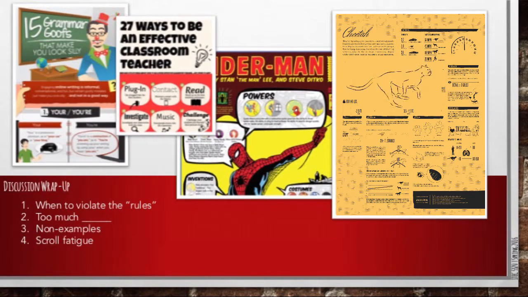And then number 4, scroll fatigue. All too often, designers want to put as much information as they can into one infographic, and you end up with this huge, long image that isn't really conducive for use in multiple areas. You could put it on a website, but you're going to be scrolling for miles.